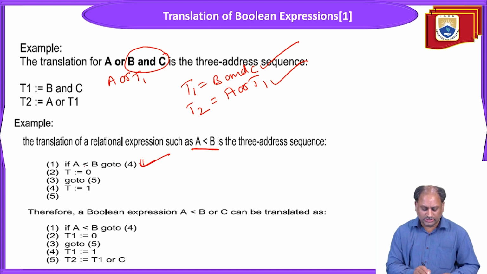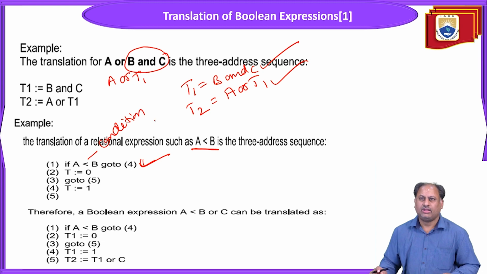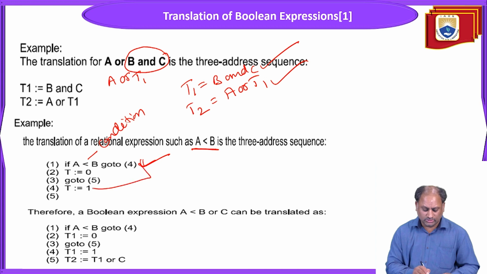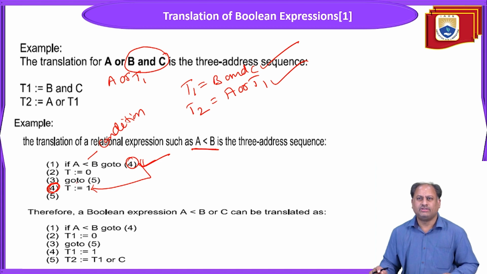Here the condition depends on A less than B. Here the condition is less than. If this is true, then it goes to this fourth step. That means the fourth step is to be executed.